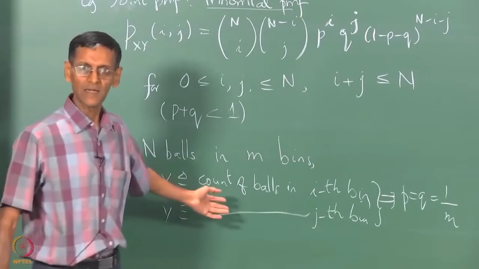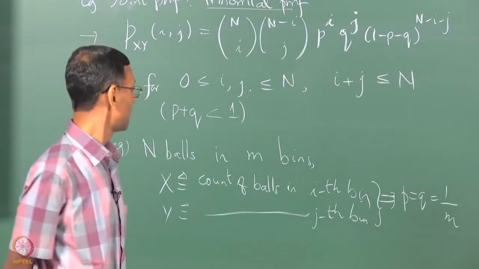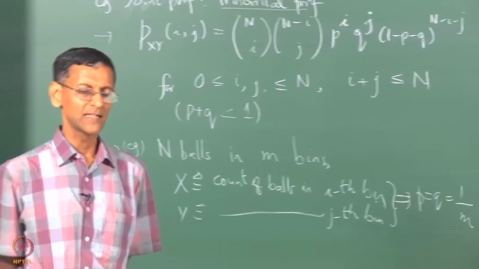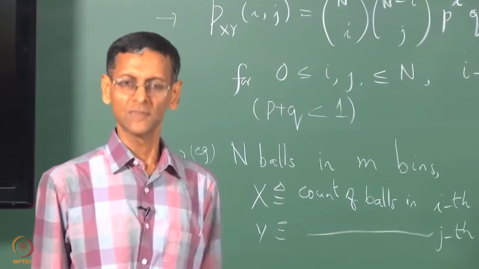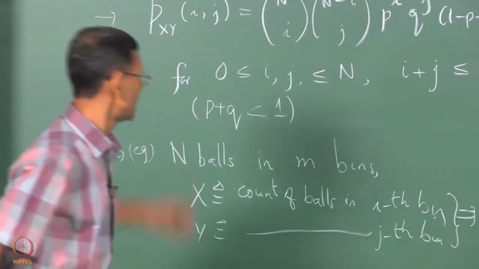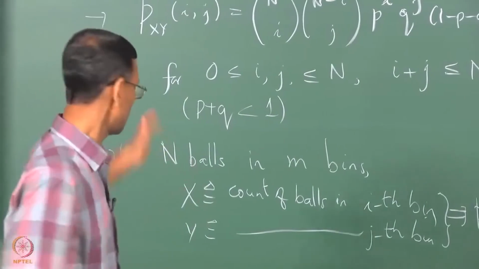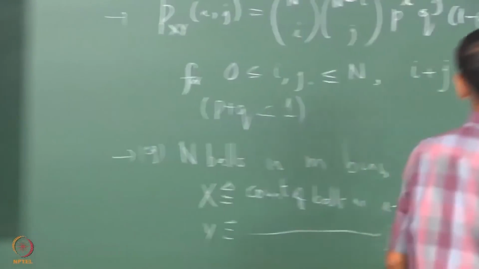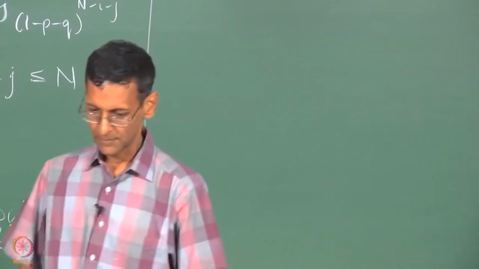Even here I can club the bins, right, I can say X can be the count of the balls in the kth and the lth bin or something, and then Y can stay as it is. So in that case P can become 2 by m and Q will stay at 1 by m. So even here it is possible to have different P and Q depending on how you define X and Y. Anyway, so let us keep moving on, right.